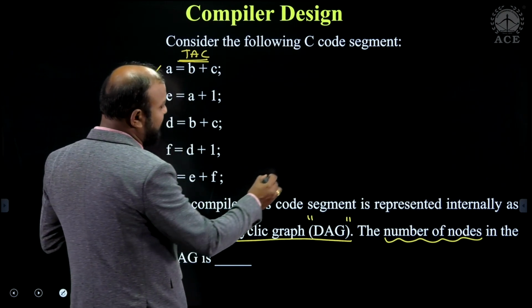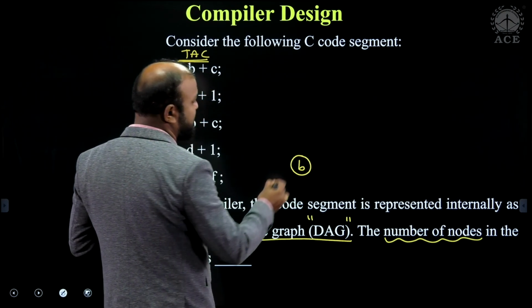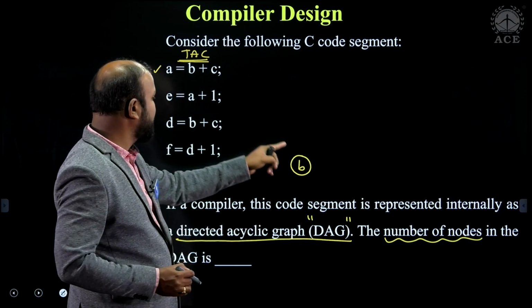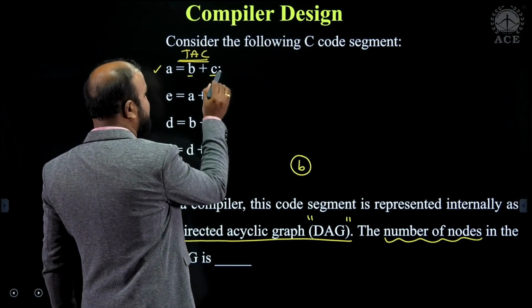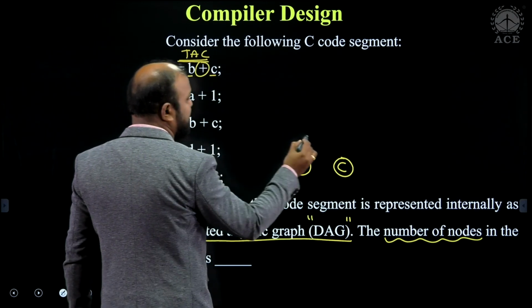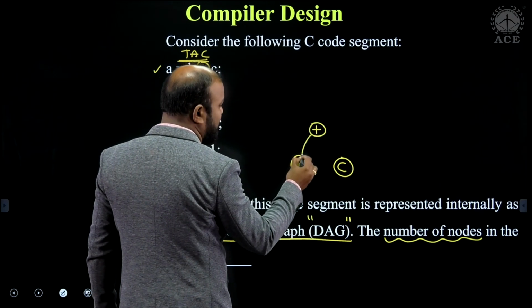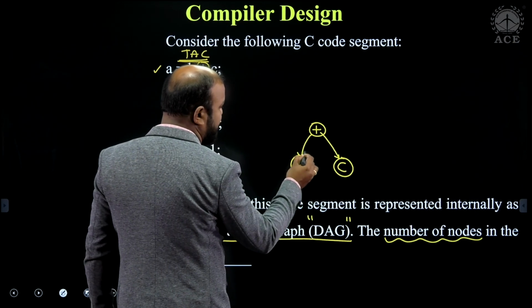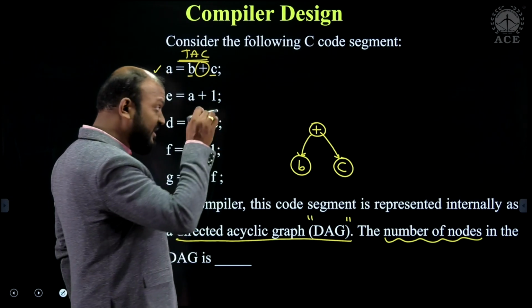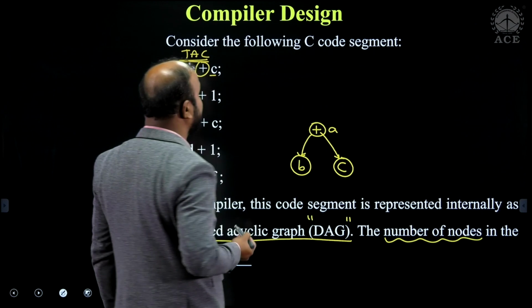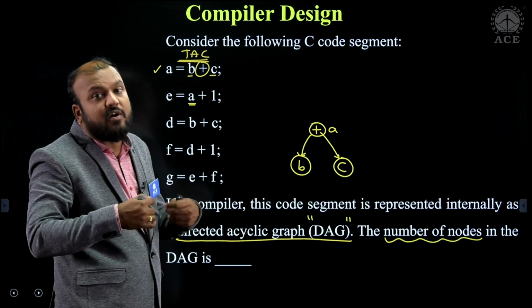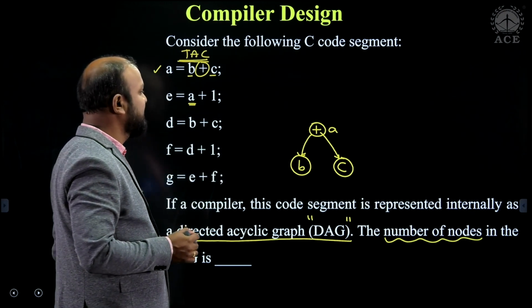We have to create a node for B if it is not already there. Initially the graph is empty, nothing is there. So, we have to create a node for B and a node for C, and also create a node plus whose 2 adjacent nodes are B and C. And name that node, the result of B plus C, as A. Next, create a node for A if it is not already there, but A is already there.